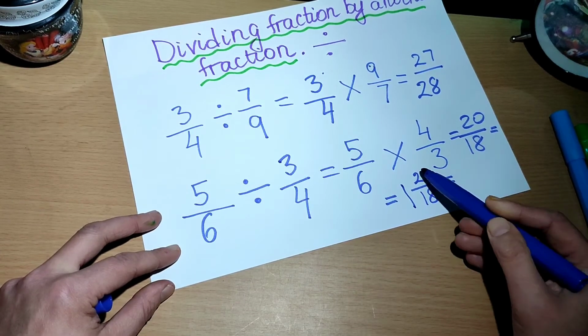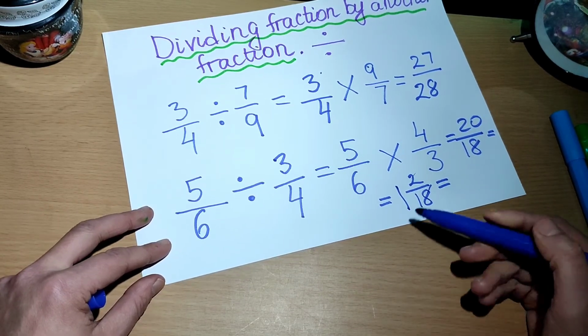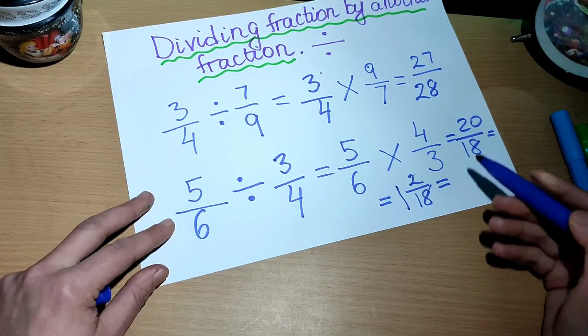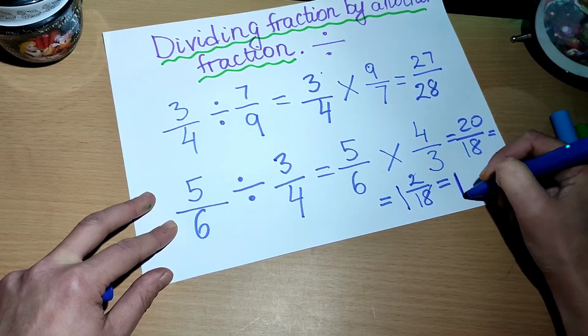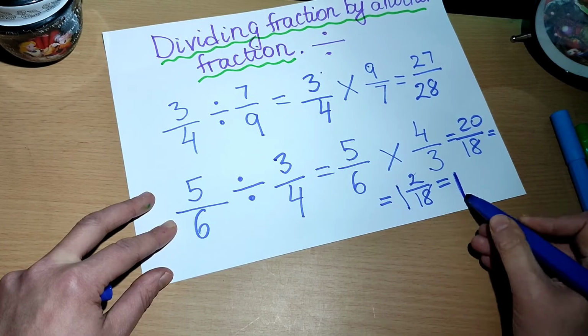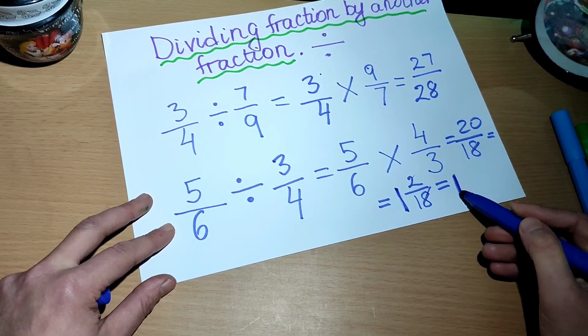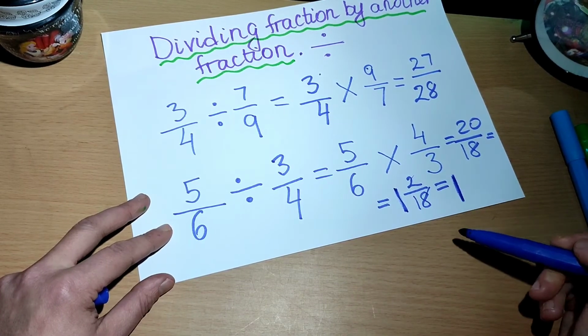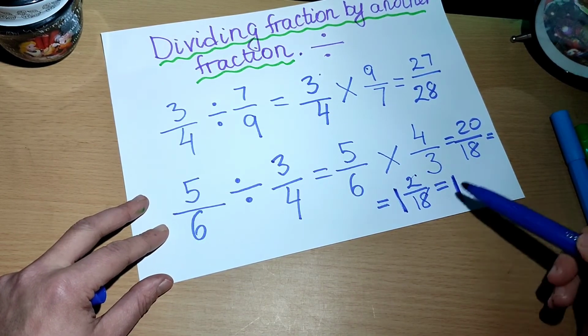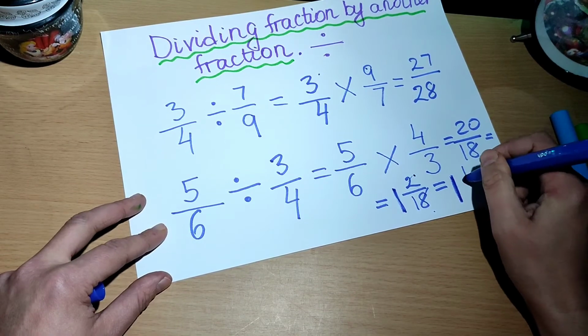We can also simplify this fraction. We can halve this fraction. Don't forget your whole. One whole stays the same, because quite often you forget when you're simplifying to write that whole down. And now we halve each numerator and the denominator, and we're going to get 1 and 1/9.